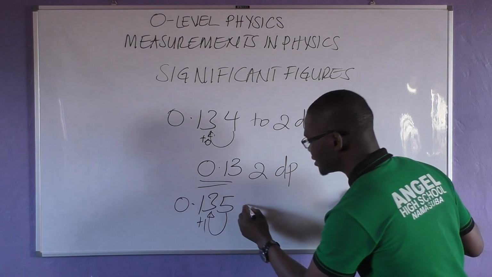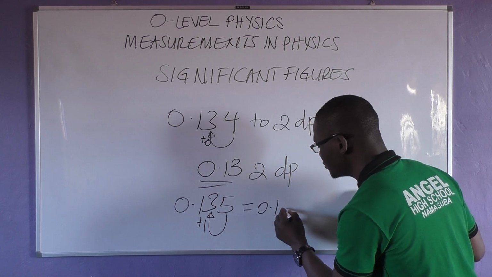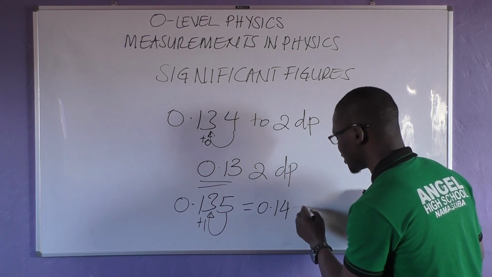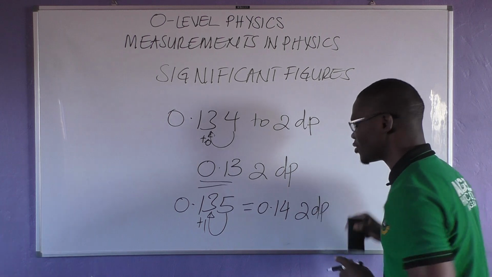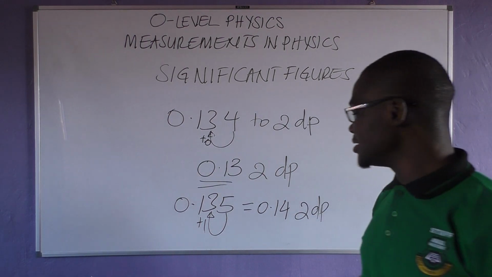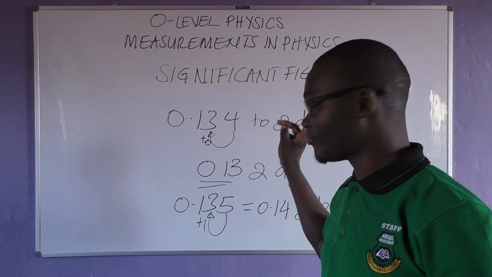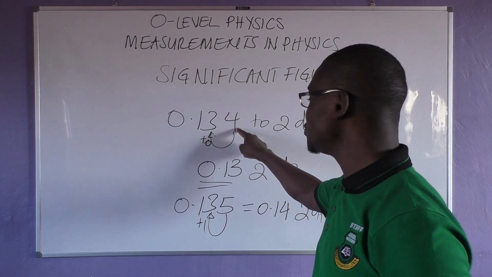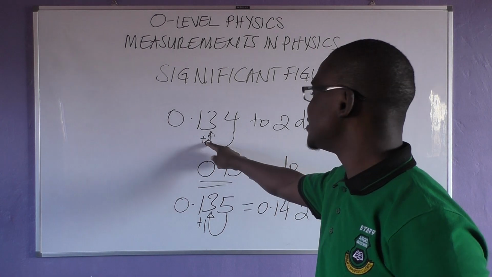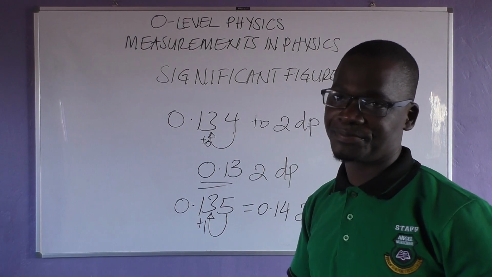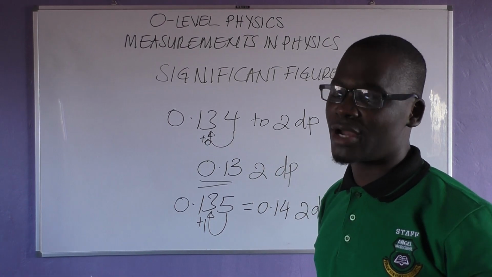So that gives us 0.14. This is to 2 decimal places. That is, if it is 5 and above, from 5 to 9. If it is 4 to 0, we add a 0 and drop the figure. That is how we round off.